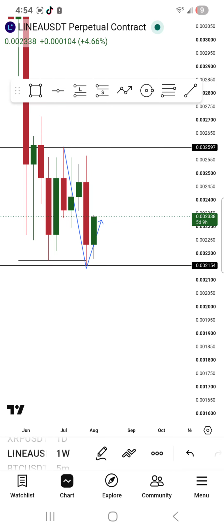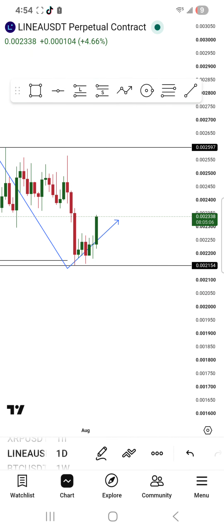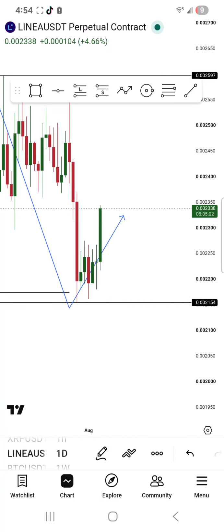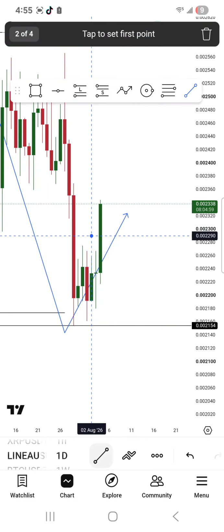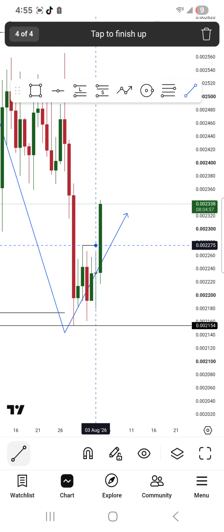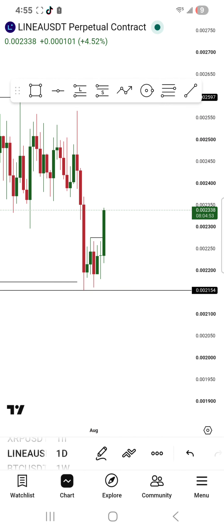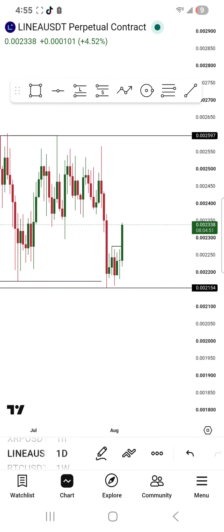Let us see what we have on the daily time frame. The daily time frame is just a pump, and that pump created a market structure shift here.